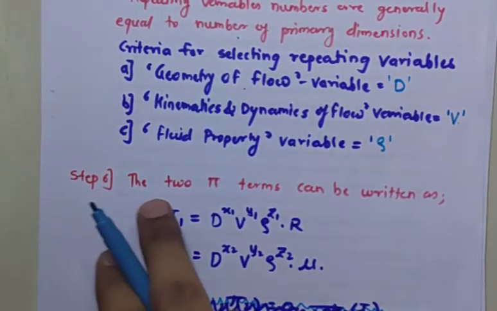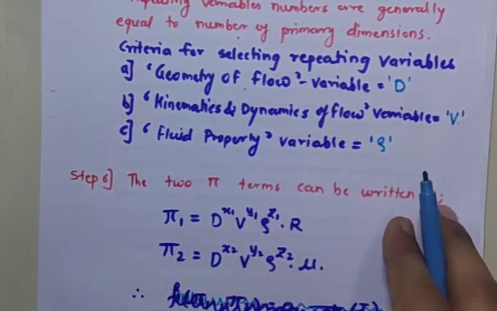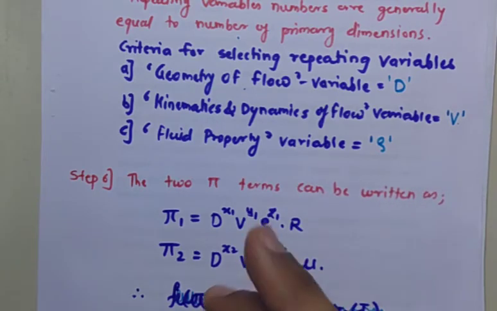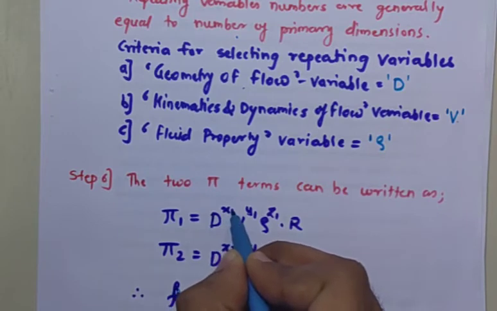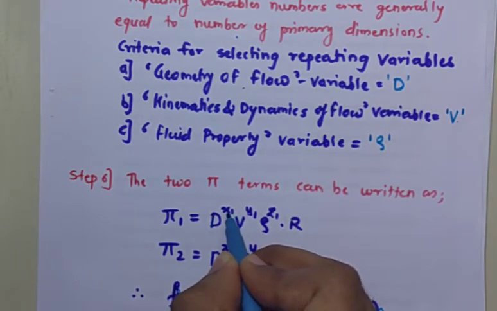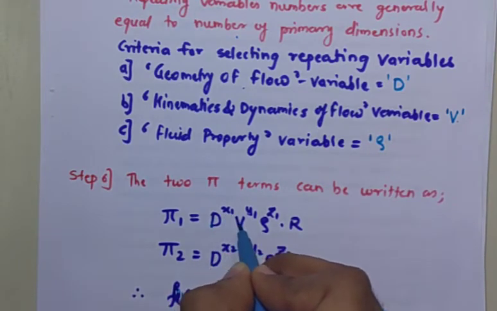Now step number 6 is the two pi terms can be written as, so pi 1 is equal to D raised to x1. So consider exponent of D as x1 into V raised to y1.